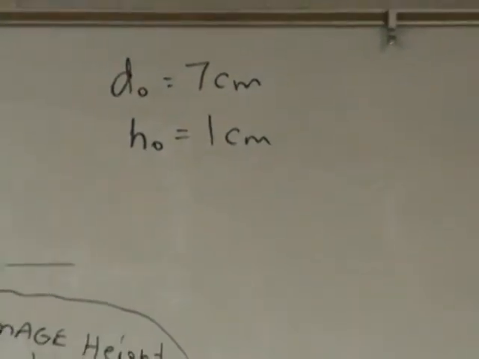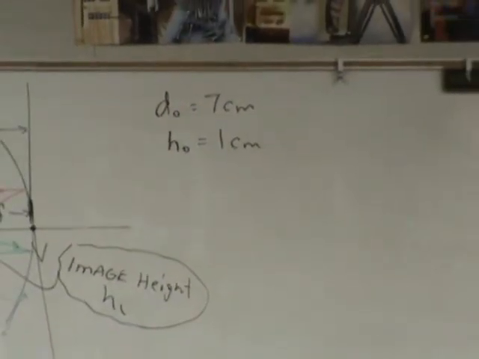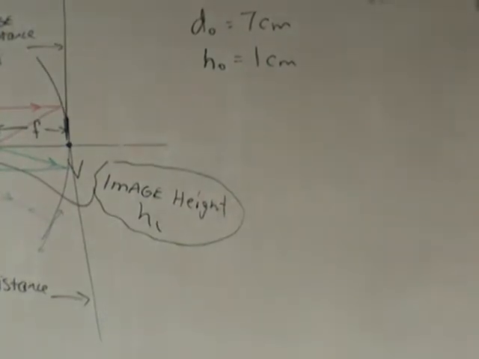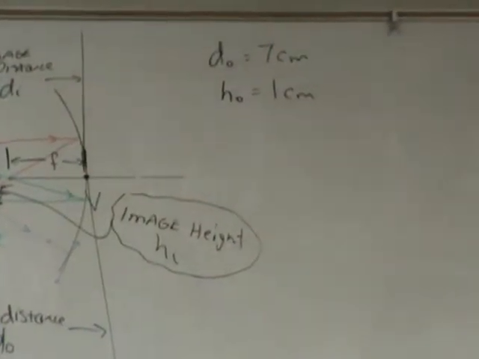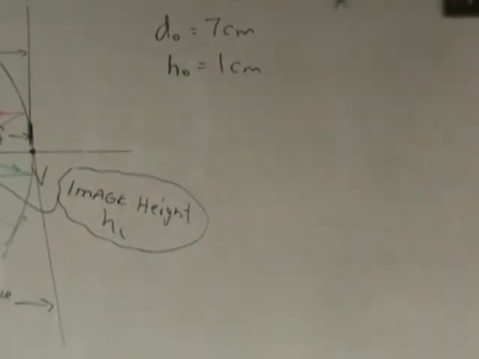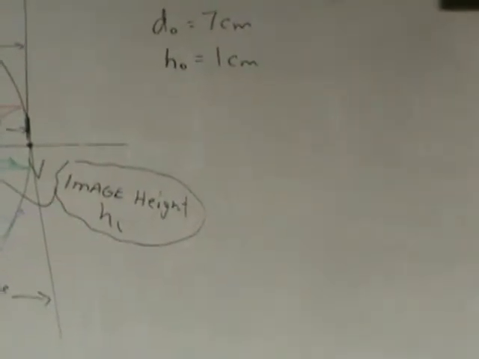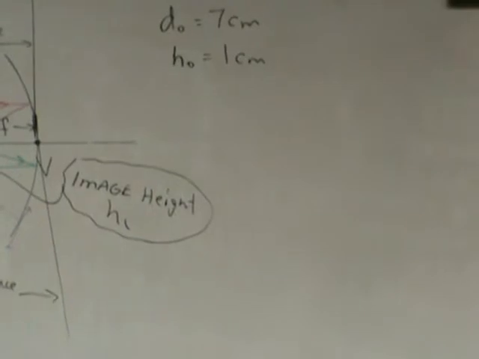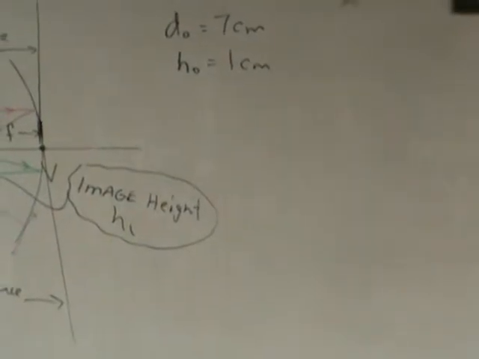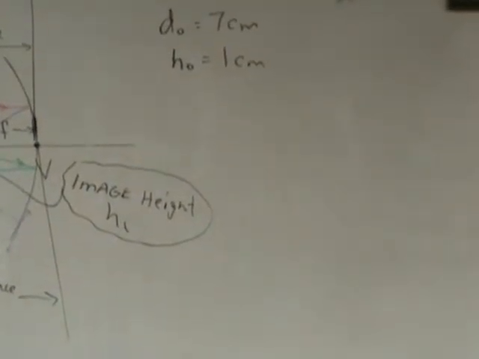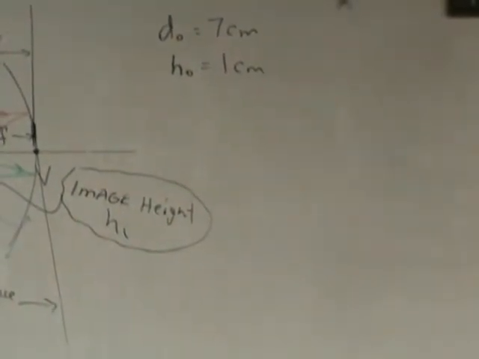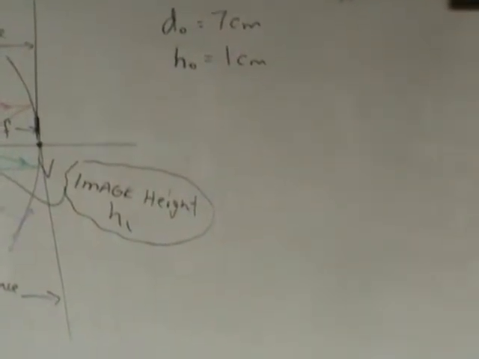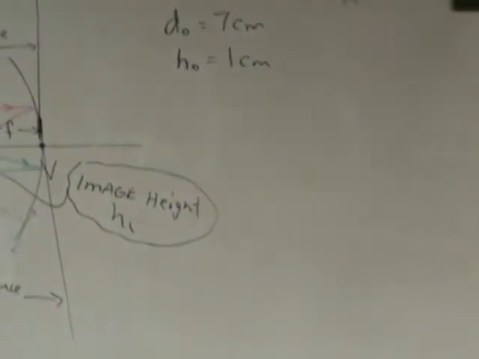Give me an object whose object distance is 7 centimeters and whose object height is 1 centimeter. You should be drawing an object to the left of the center of curvature. Remember, this is centimeters, not inches.